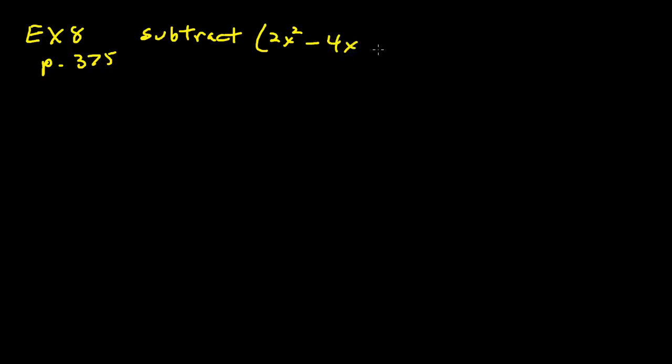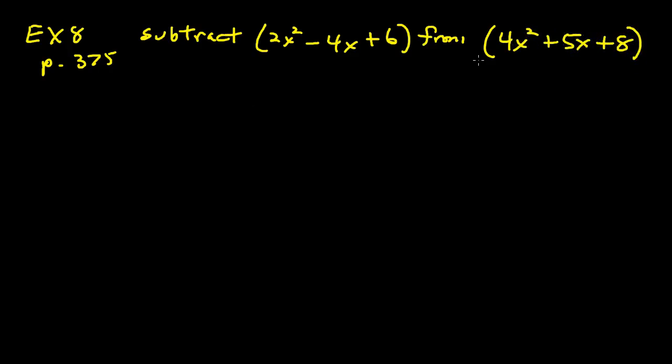Again, the wording is somewhat similar in example 8. This is on the bottom of page 375. It says, subtract something from something. Subtract 2x squared minus 4x plus 6 from 4x squared plus 5x plus 8.